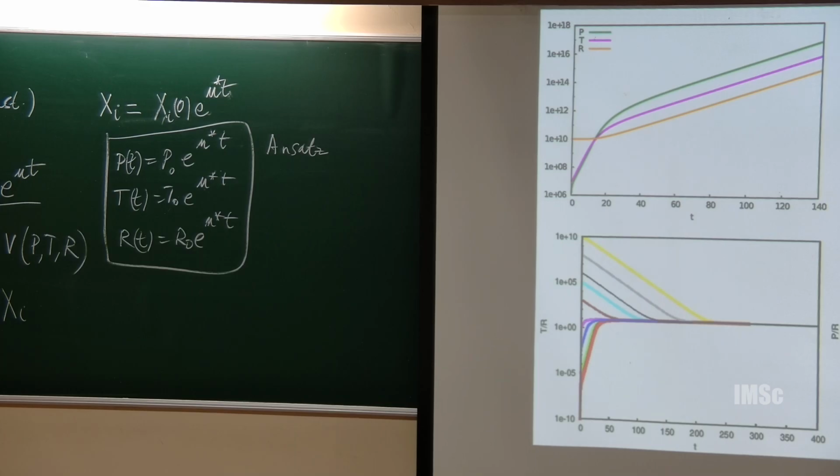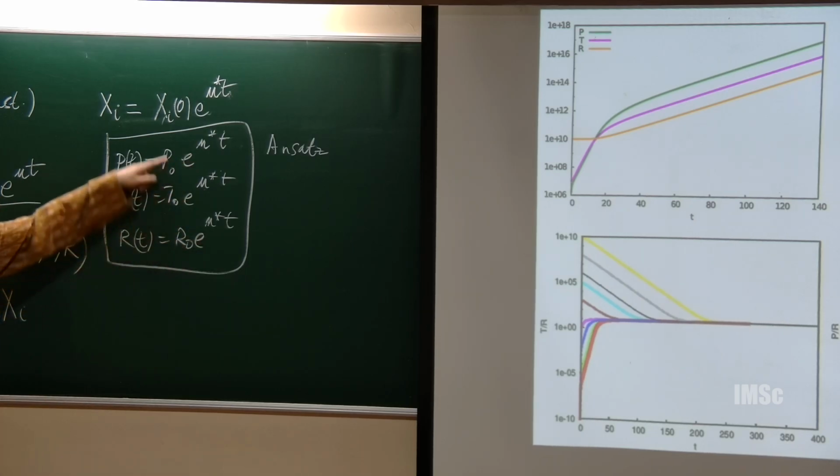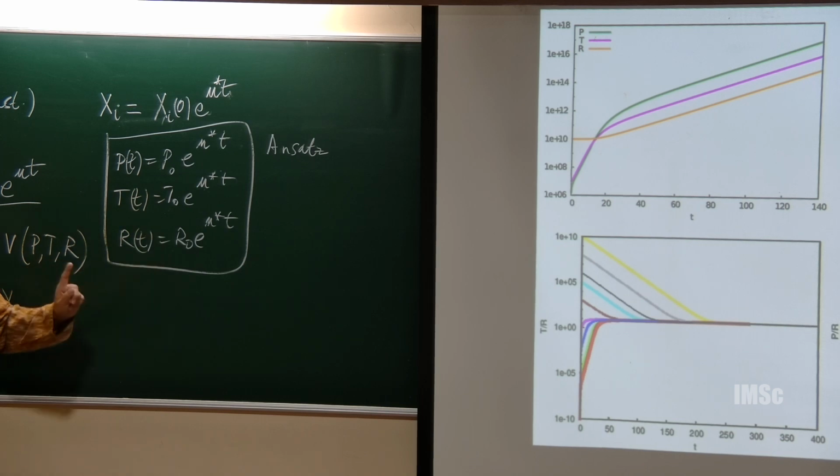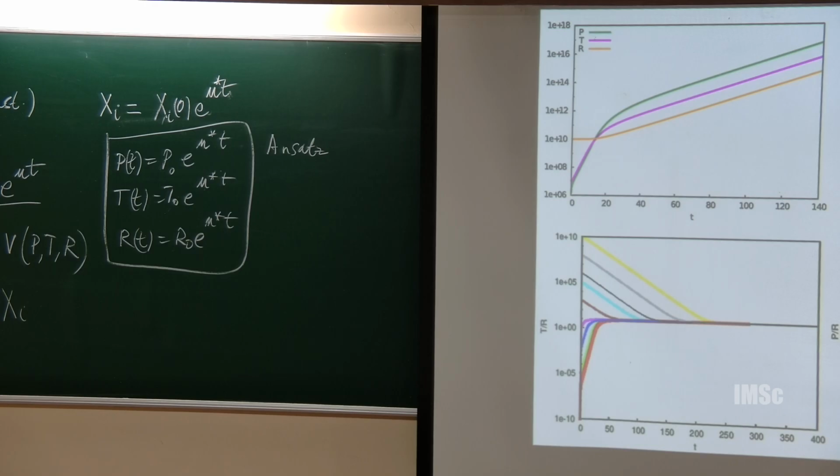So this ansatz imposes constraints on the growth rate and on the initial concentrations. I will come back to that. It turns out that your initial conditions have to be along a line in your three-dimensional phase space.